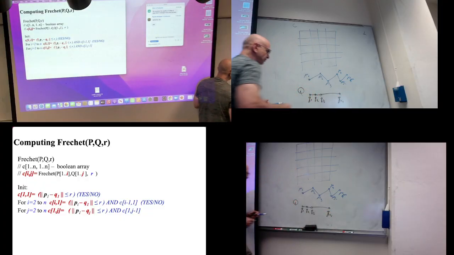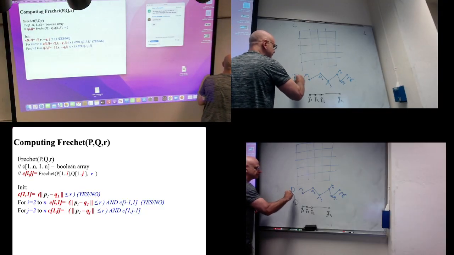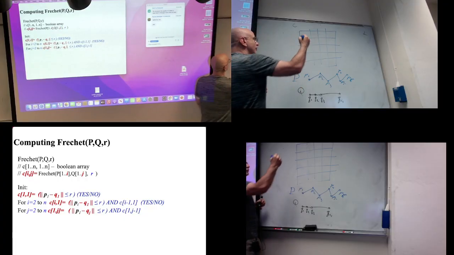We look at the two polygonal paths, P and Q, similar to all the algorithms that we saw so far.